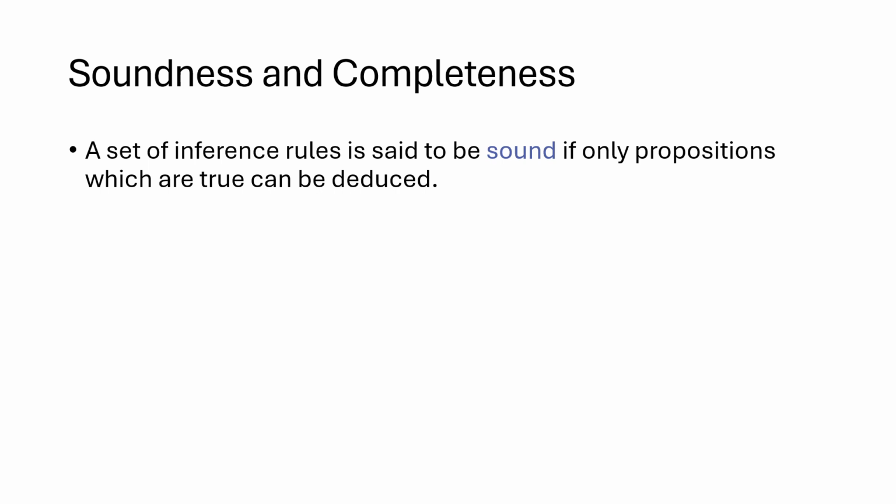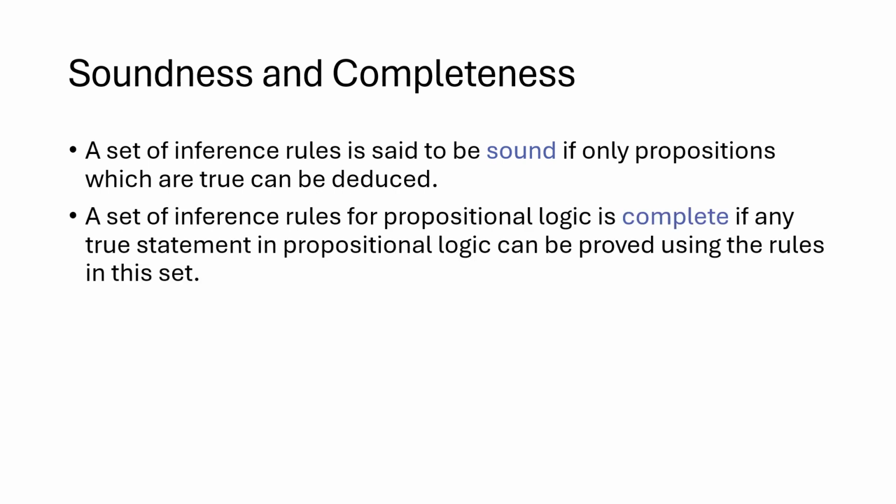Now, soundness means anything that can be proved using the rules of inference has to be true. So nothing that is not true can be proved in the system. Obviously this is something that you want, because otherwise, if you can prove false statements in your system, obviously that's not a good proof system. So soundness guarantees that.